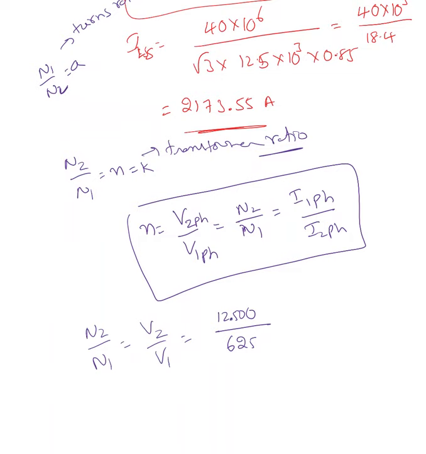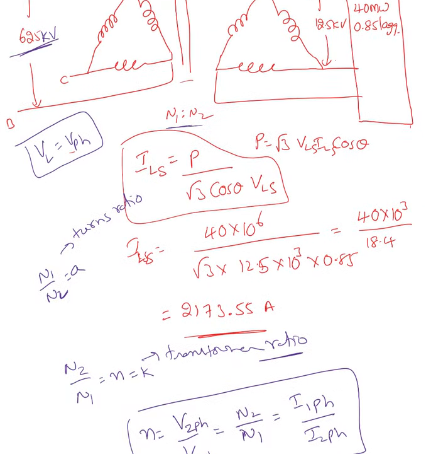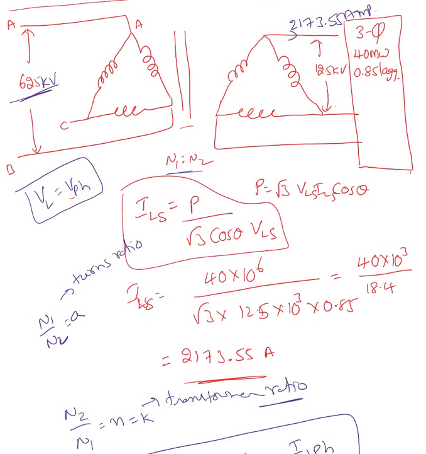So 12.5K divided by 625K. K and K get cancelled out. So N1 is to N2 equal to 625 is to 12.5. This is nothing but 50 is to 1. So that's the turns ratio, but you can treat that as a transformer ratio too, depending upon how you take it, either N1 over N2 or N2 over N1.